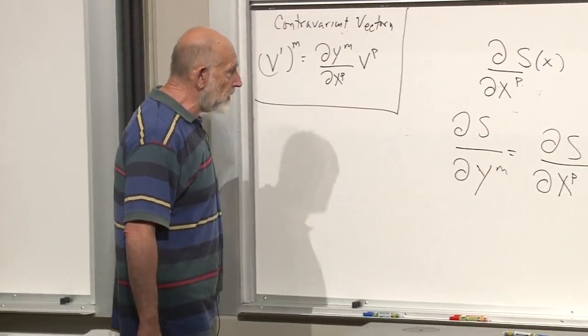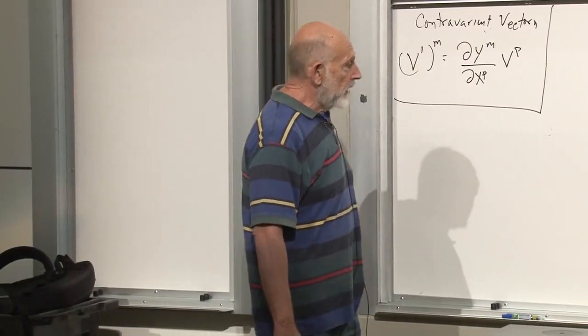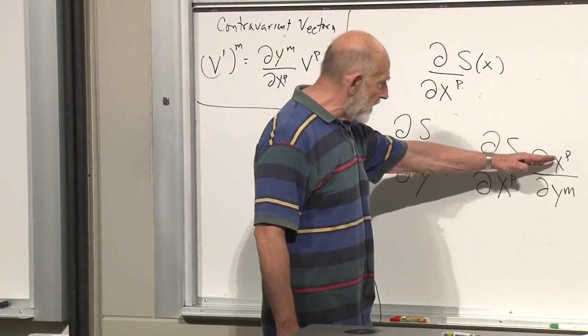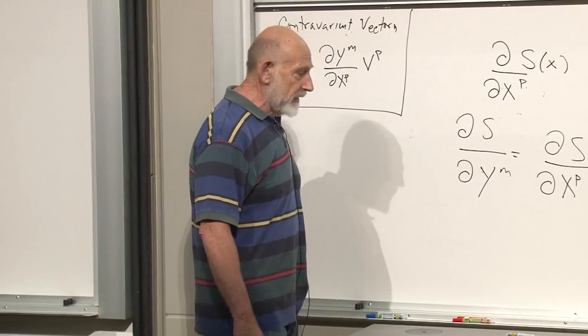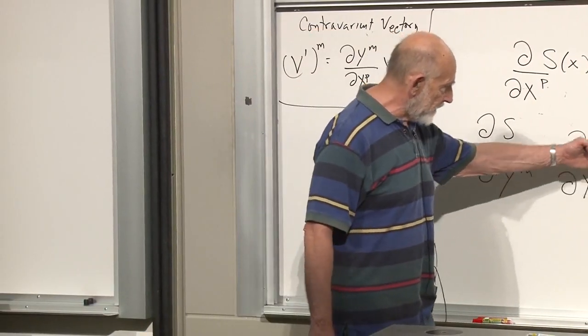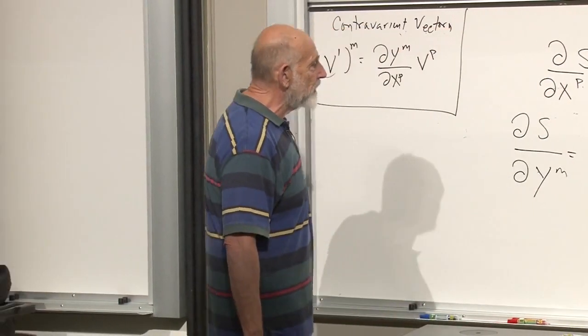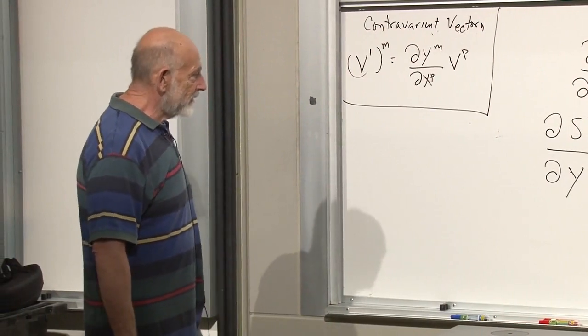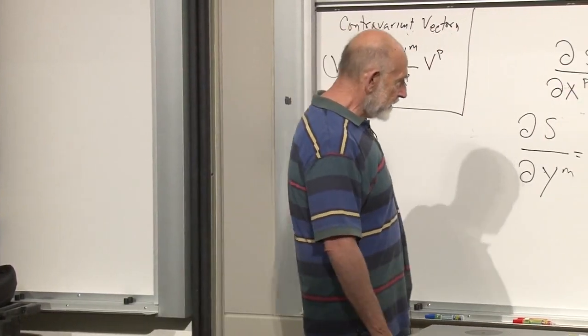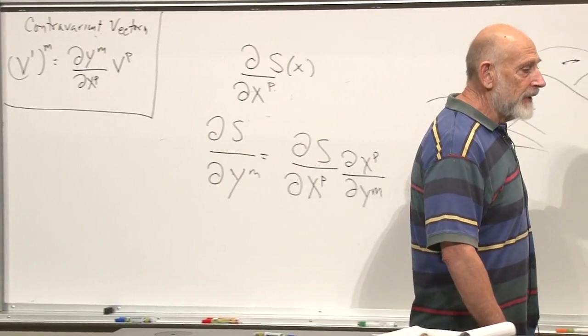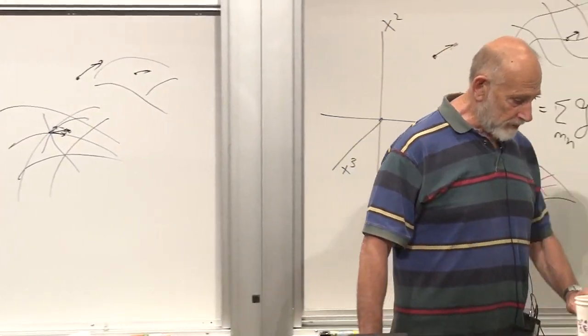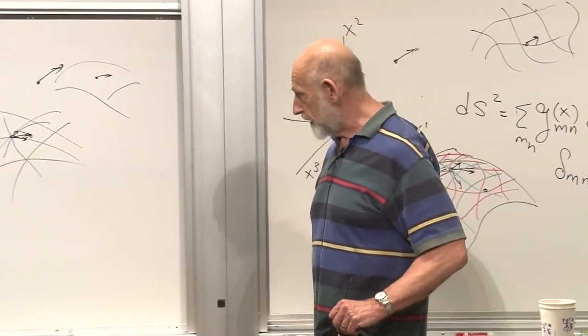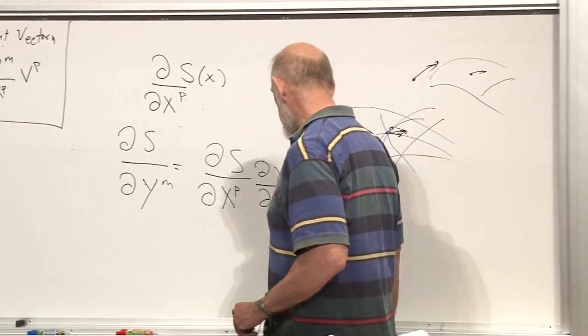I'm not going to write the sum over p anymore. If there's a repeated index on this side which doesn't show up on the other side, it must mean that it's summed over. So that's Einstein's summation convention. It made life a lot easier for printers and other publishers who didn't have to put in summation signs all over the place.